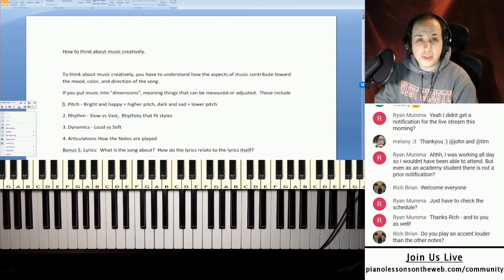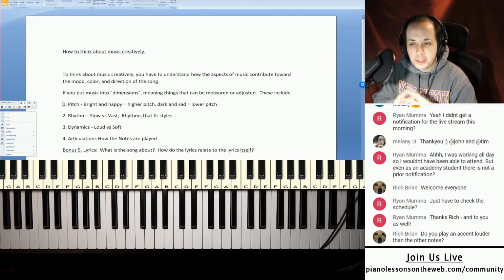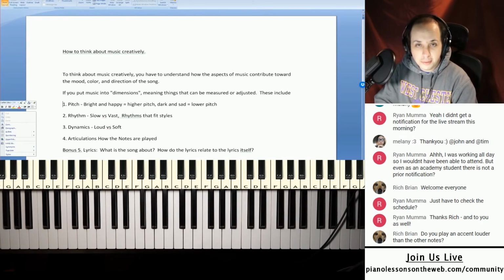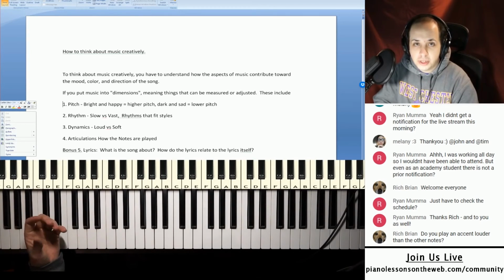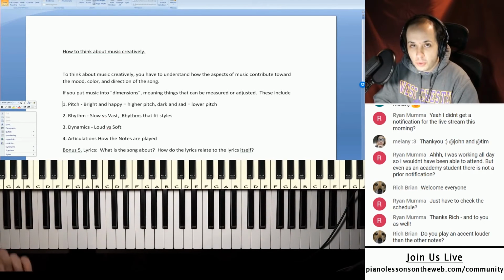So if you're writing a song, think not just in terms of what structure of chords, but how do the chords I'm choosing contribute towards the feel of the song I'm going for? If I'm writing a happy song, it doesn't make sense to do a 1-2 diminished 7-1 progression, a leading tone progression.